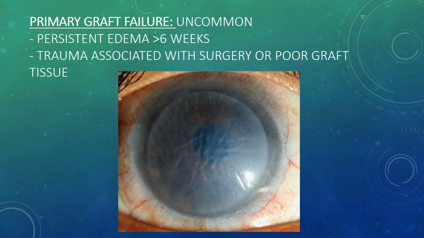The tissue did not survive harvesting the tissue, processing the tissue, and surgical implantation in the eye. Sometimes surgery is really difficult, and that can maybe damage the tissue, but I've had rather difficult surgeries in the past, and the tissue has cleared. So I think when you get a primary graft failure, there's a problem with that tissue, and it has to be replaced.